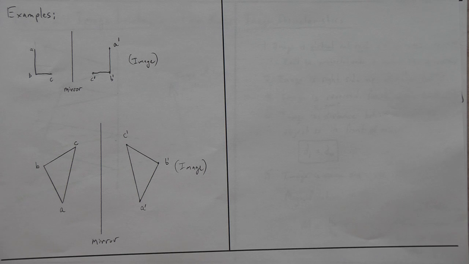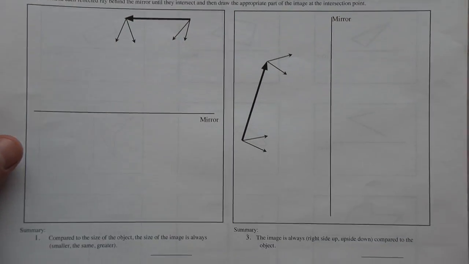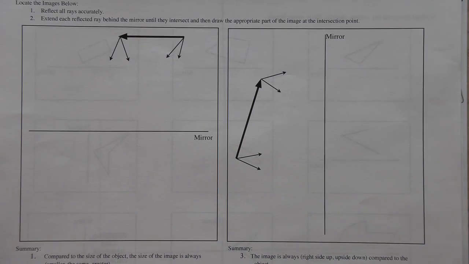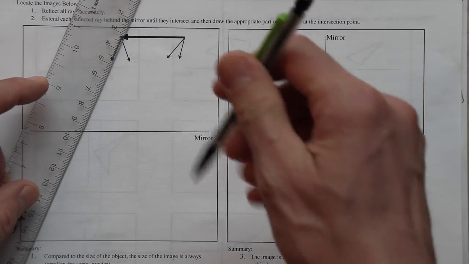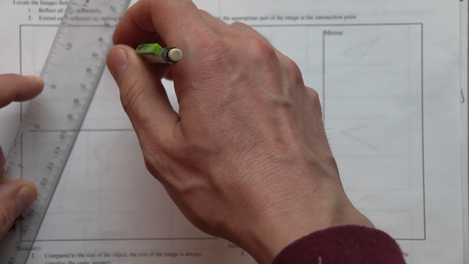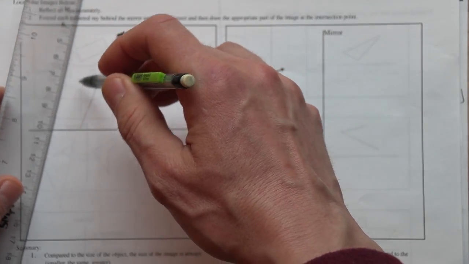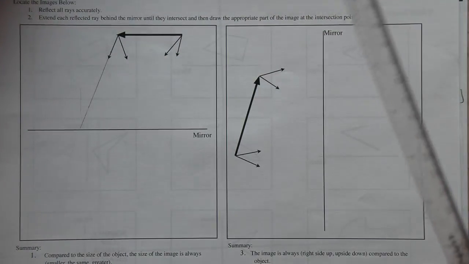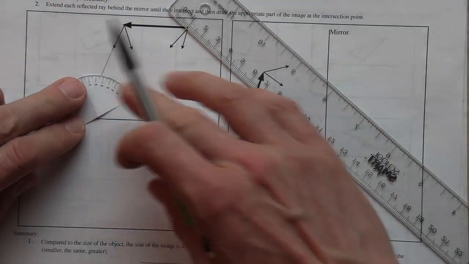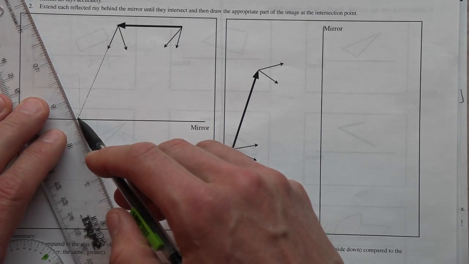The homework. People sometimes find this a little tedious, but you're going to do ray tracing here with these 4 rays. You're going to extend this in, make a normal, and then get your protractor out and make a ray reflected. Make the mark and then reflect that ray.